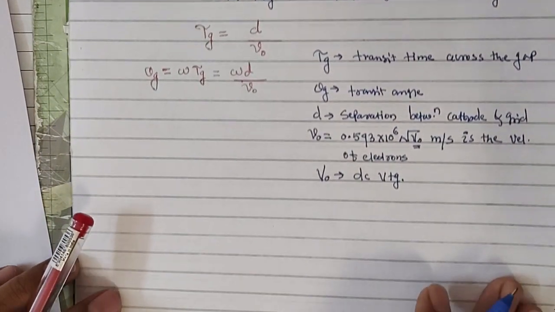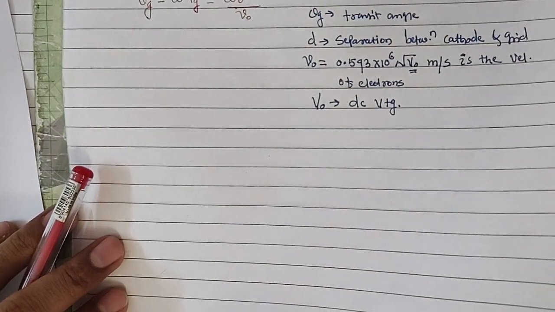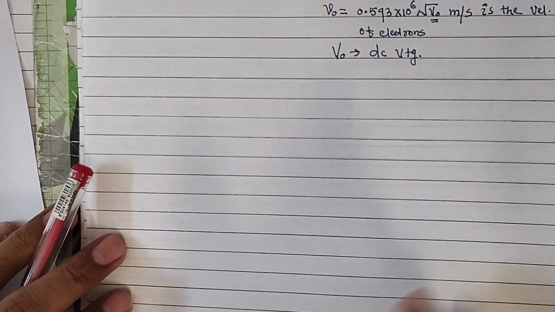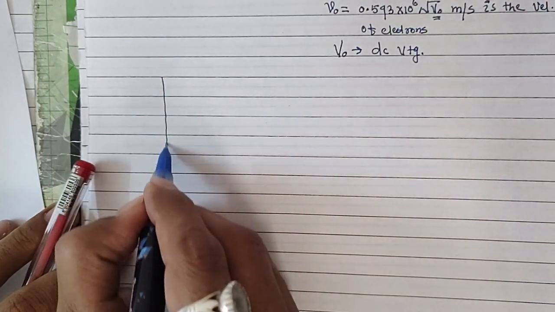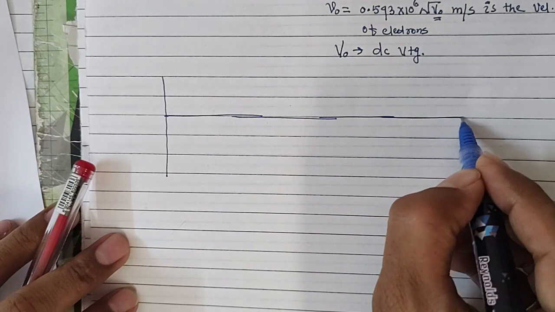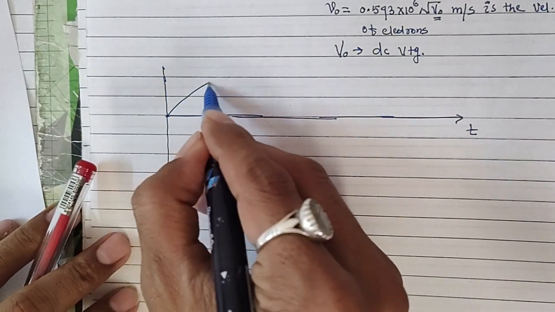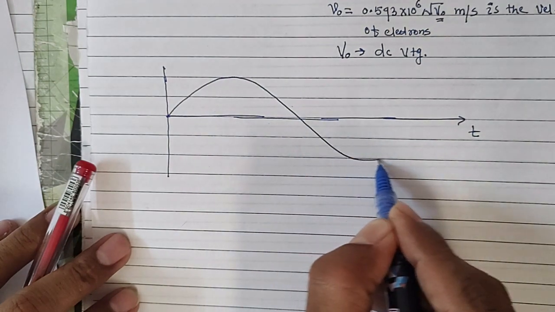So what is this effect? What happens because of this effect, and why does efficiency of vacuum tubes reduce because of this? At low frequency, if you draw a low frequency signal, it will have higher time period, something like this.